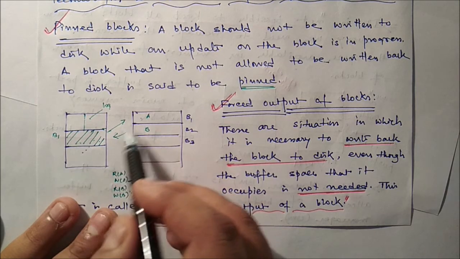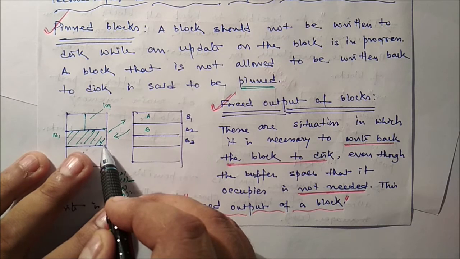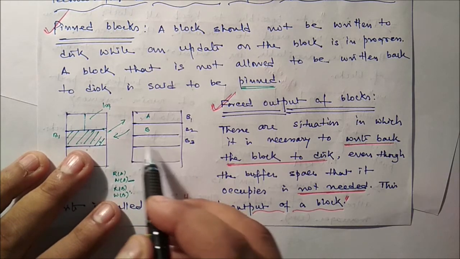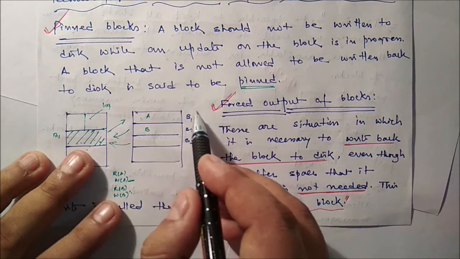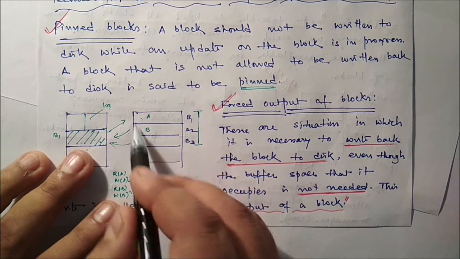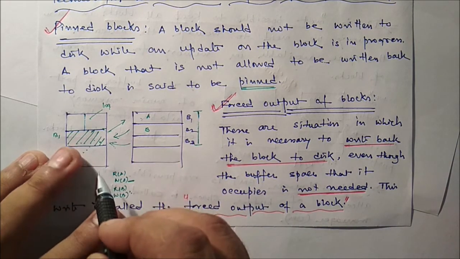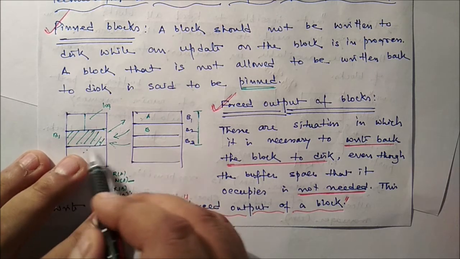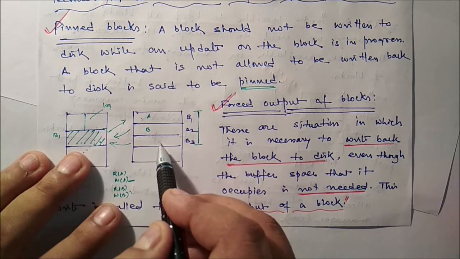First use B1, then return it and use B2, then return that and transfer B3. Once the execution of the whole process is complete, the buffer manager forces the data from the RAM buffer memory to the hard disk.